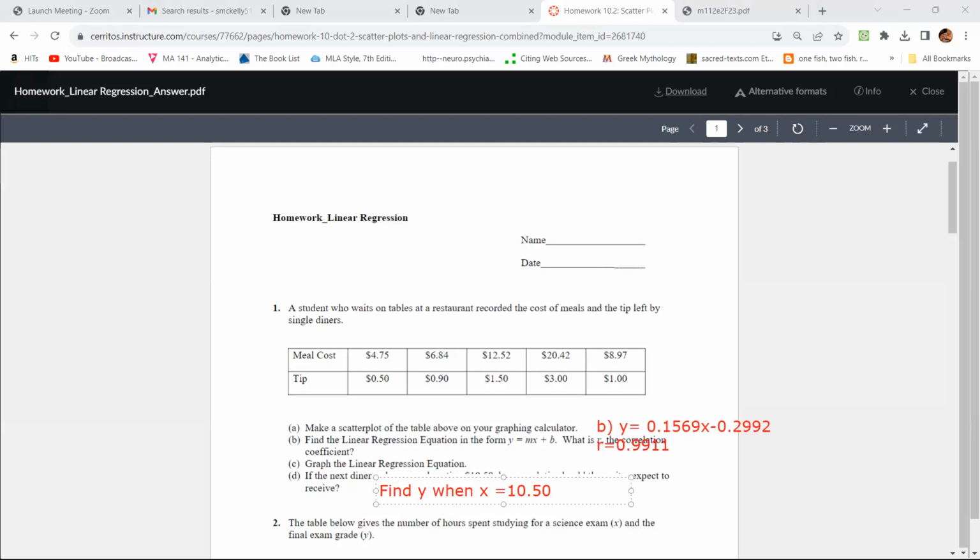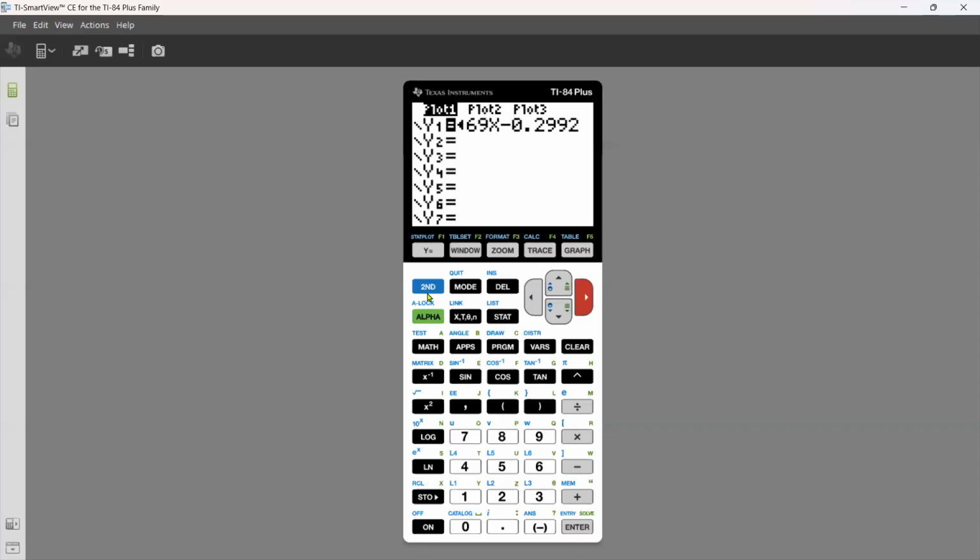That's what that essentially says. Find the Y value when X is $10.50. So what I'm going to do here is go back to my calculator. I'm going to quit from my screen here.